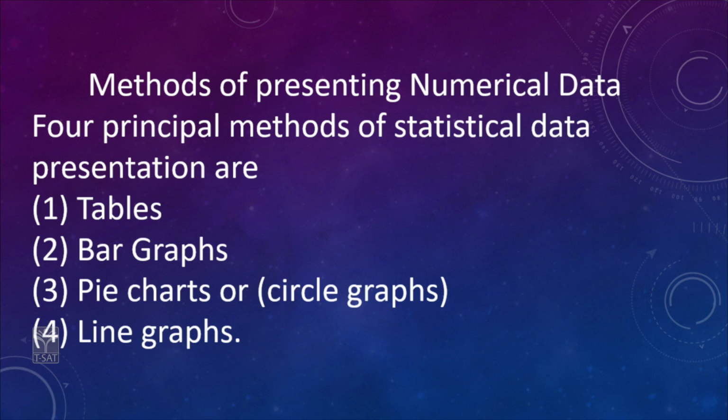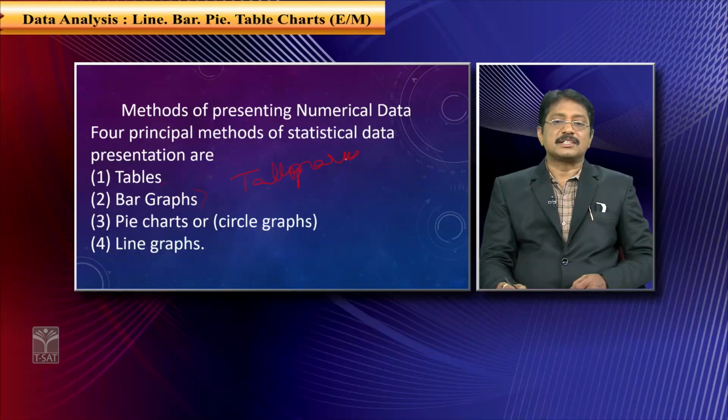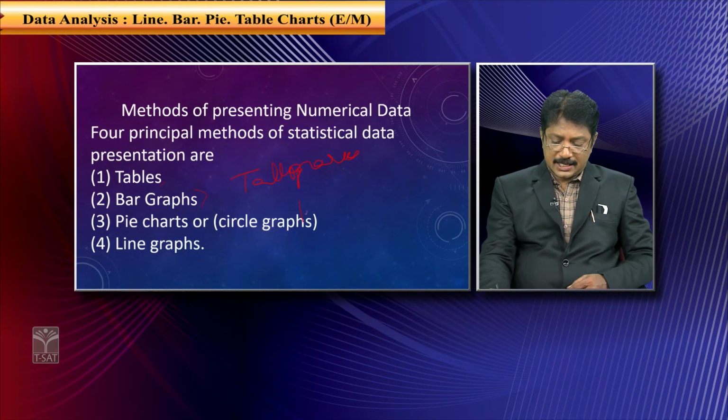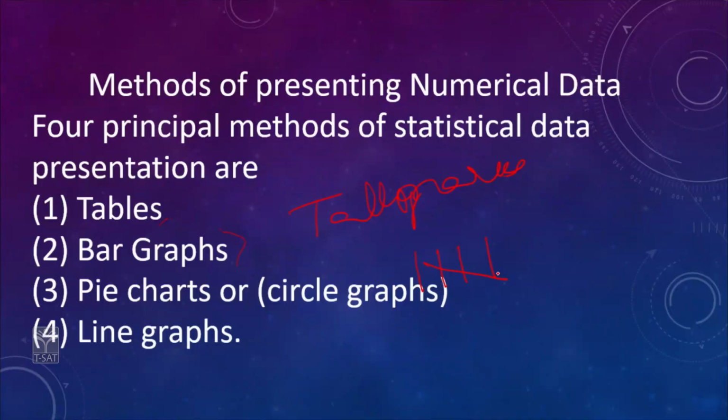When you consider tables, we use tally marks. Simply we write 1, 2, 3, 4, and the fifth one is written as a stroke across them, which is called 5.